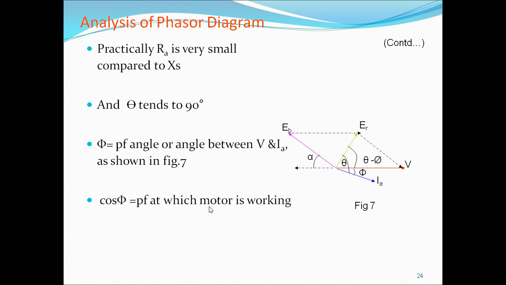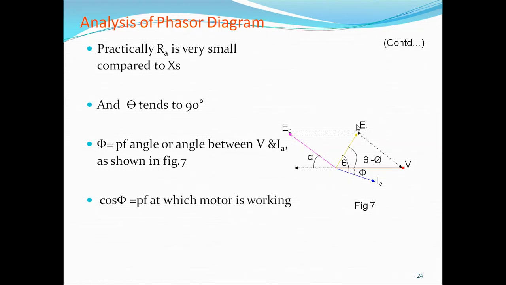So this vector diagram shows alpha and this is the phase angle, the power factor angle, between voltage and armature current. And ER is the resultant vector combination of back EMF and supply voltage V. If you combine these two, we can get ER.